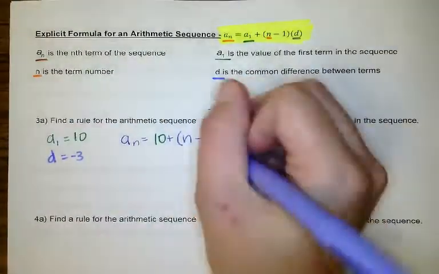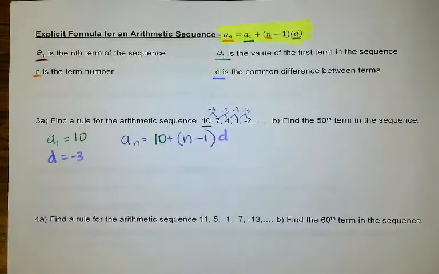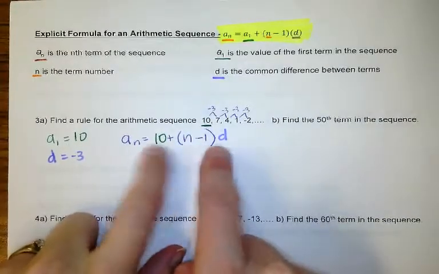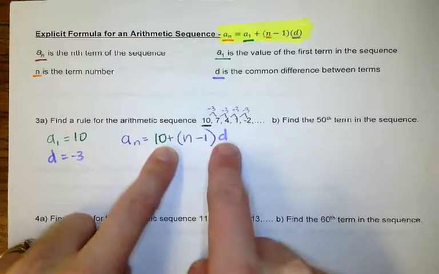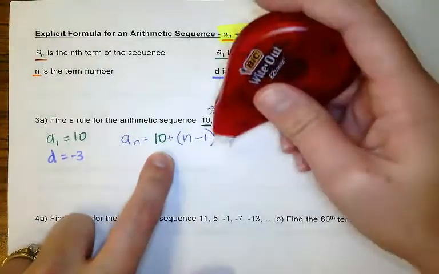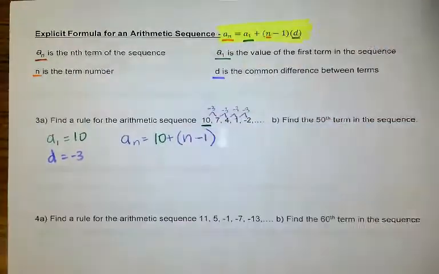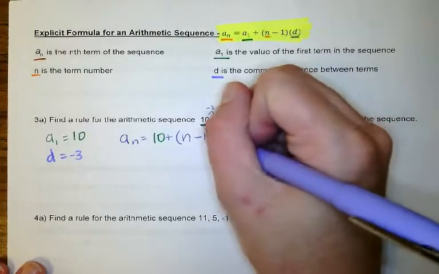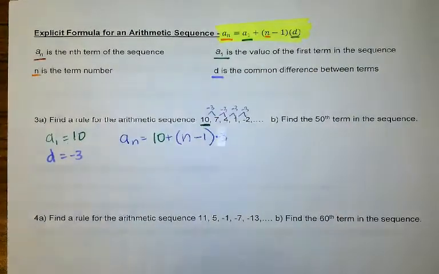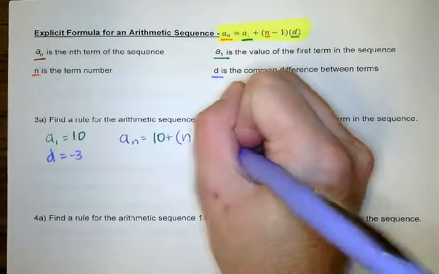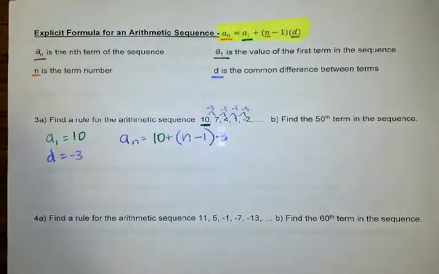All I did was plug in my a sub 1. Oh, wait. What am I supposed to put there for d, y'all? Guys, it's Friday. I'm struggling. That's supposed to be a negative 3. Of course, you can't really see it very well, can you? Okay, I will do it with another color. There. Is that better? Negative 3.